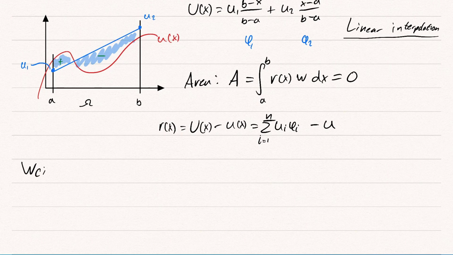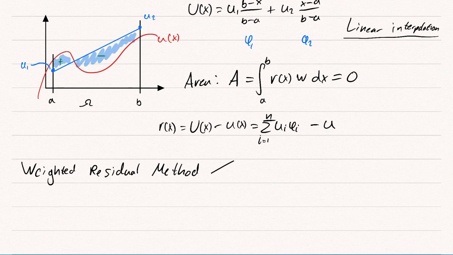This is the weighted residual, and this is an umbrella term for different types of optimization methods. There are several options for this choice of the weight W, and the most common one is the so-called Ritz method.